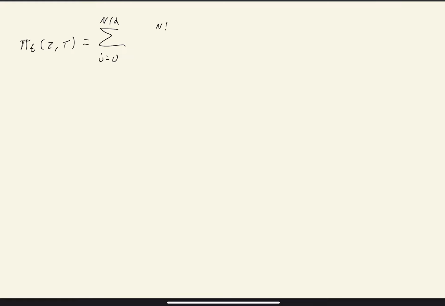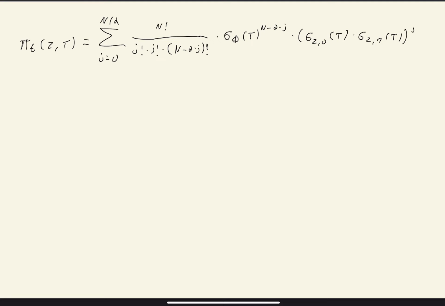And by the, so in faculty, I hope you're familiar with faculty: j faculty times (n minus 2j) faculty times sigma phi of tau by the power of n minus 2 times j, times now sigma z0 tau times sigma z1 tau by the power of j.